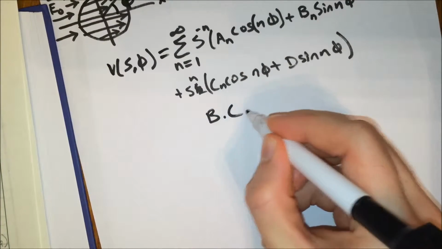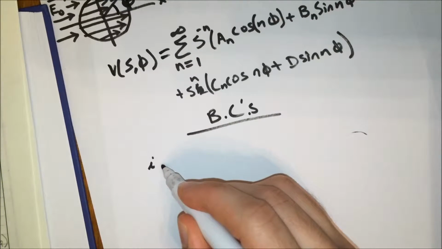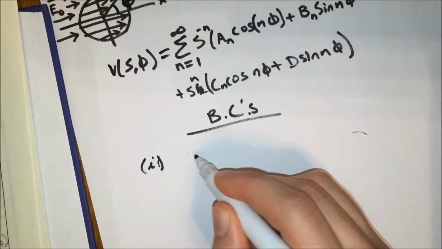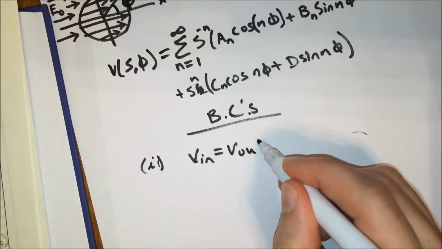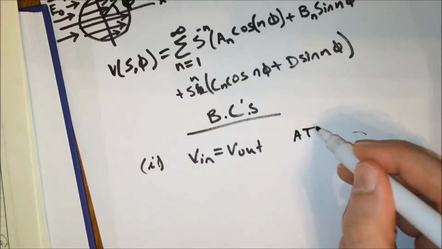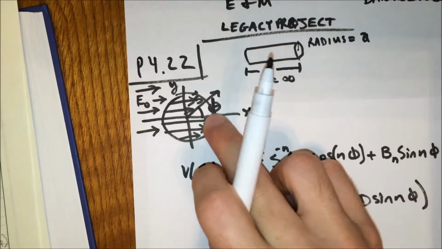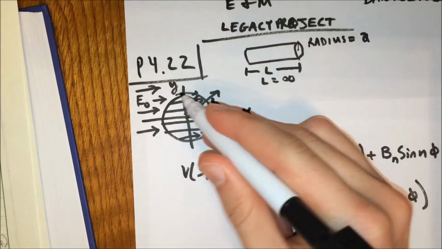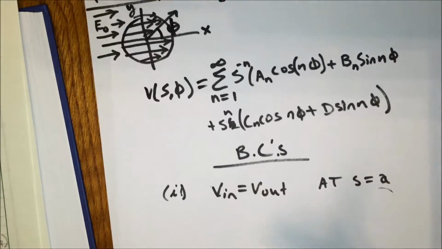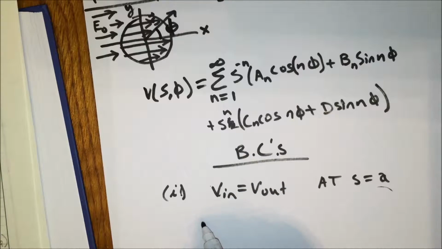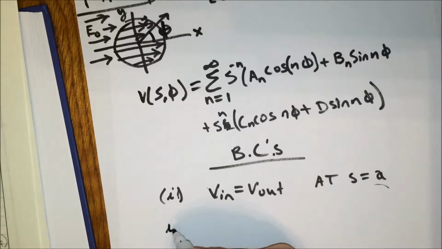The boundary conditions: we've got the potential function inside is equal to the potential function outside at S equals A. So that's saying the potential at all points on the outside of this surface is equal to the inside. It's just a continuity.